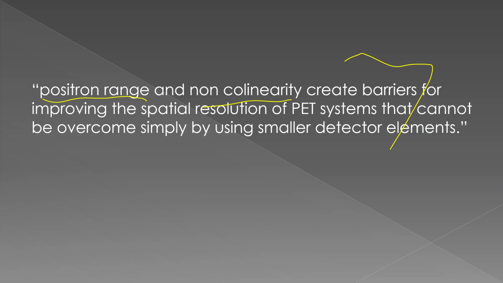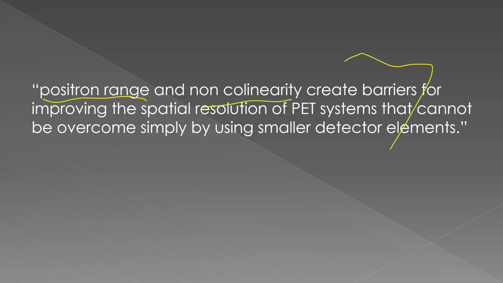We can't change it. We just have to know that it's there and do what we can to advance technology, make smaller detectors, make fast coincidence timing or time of flight, things like that, to try to improve the spatial resolution. But just because of physics, it's going to degrade it.